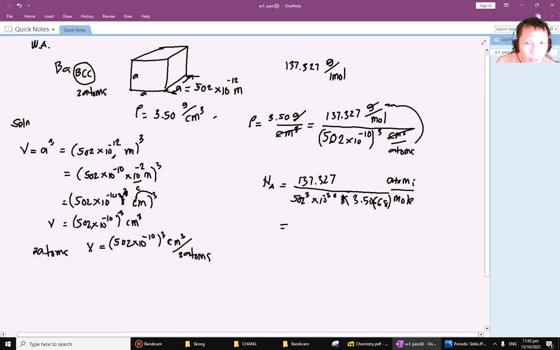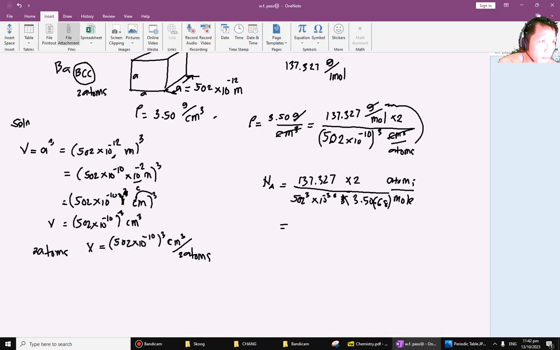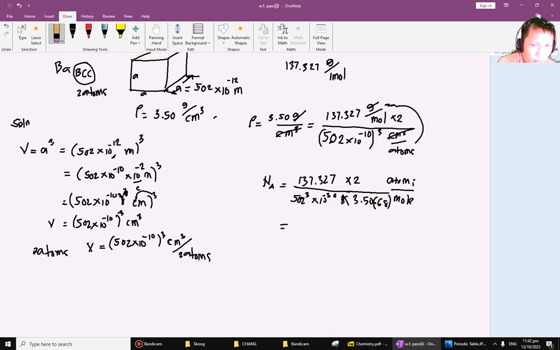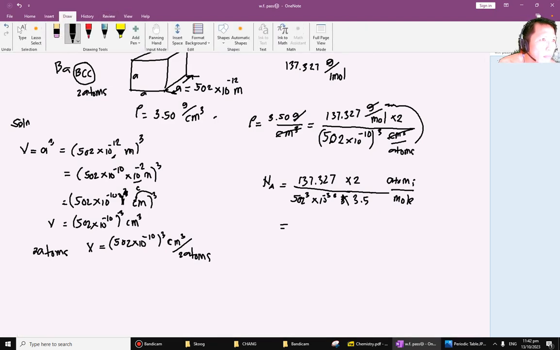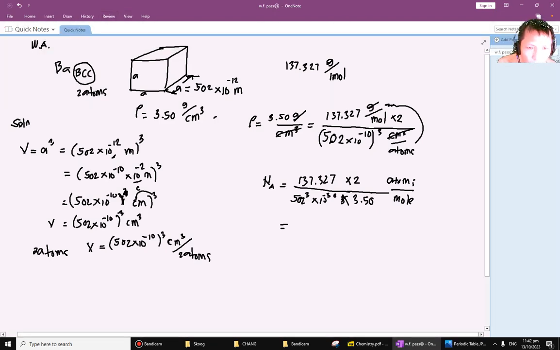The atoms are at the top, times two here. Okay, so times two. So I'll delete that 0.68.